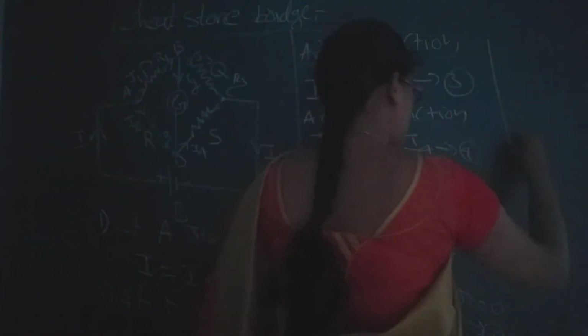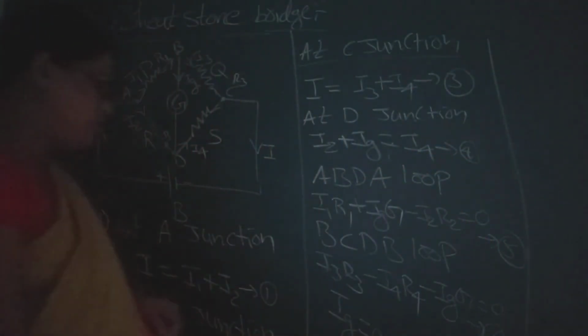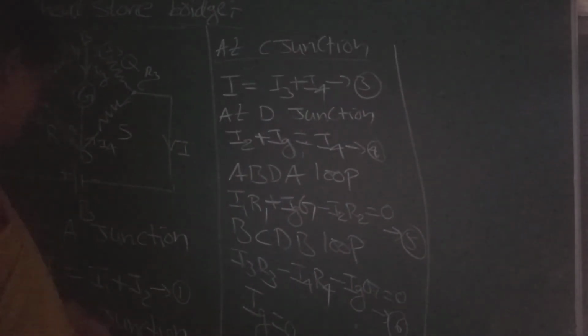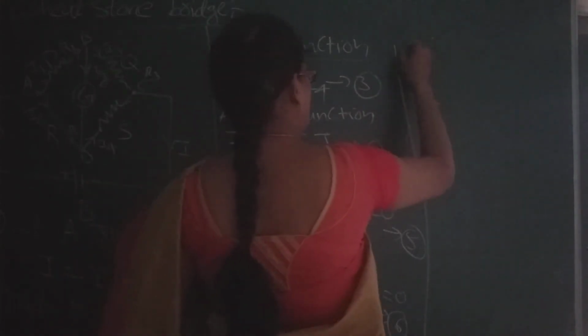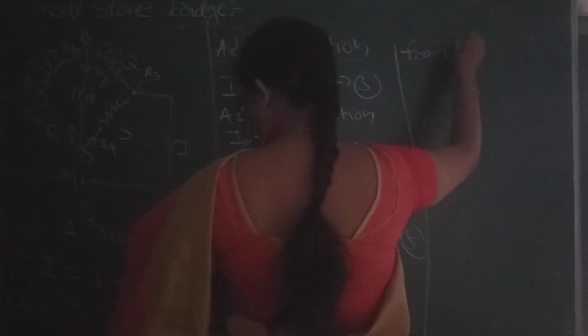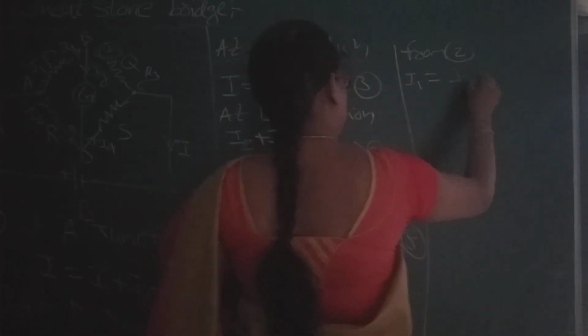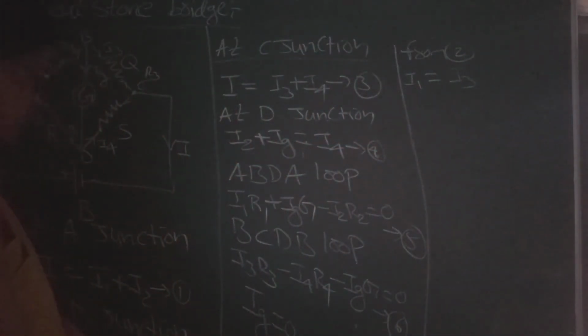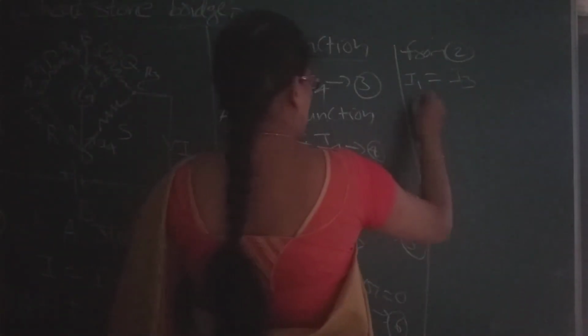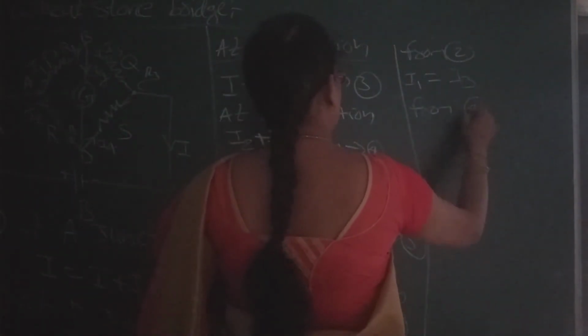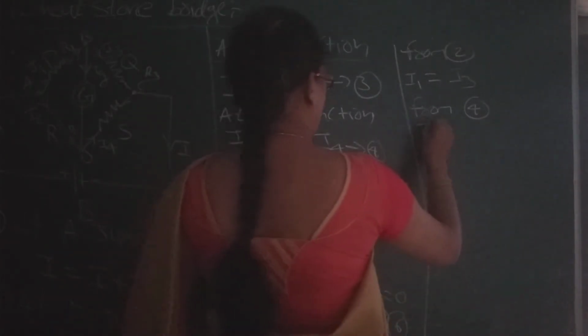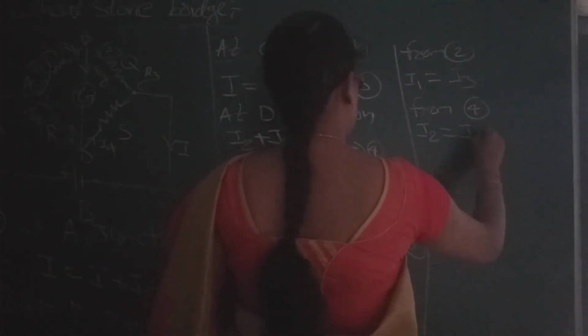Then from equations 1, 2, 3, 4, 5, 6 with Ig value 0: from equation 2, I1 is equal to I3, and from equation 4, I2 is equal to I4.